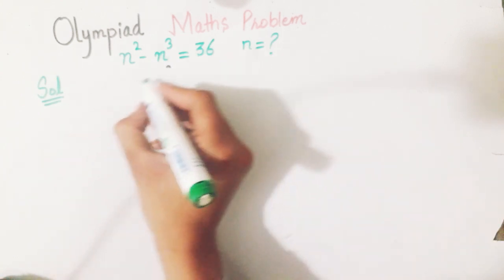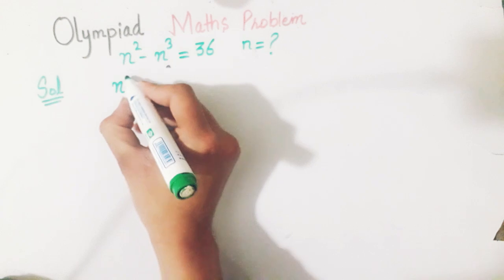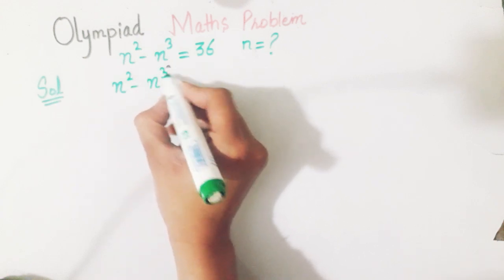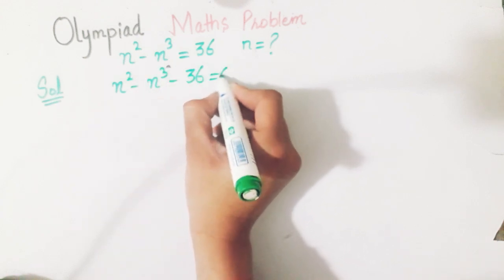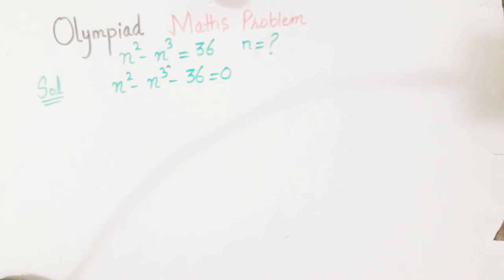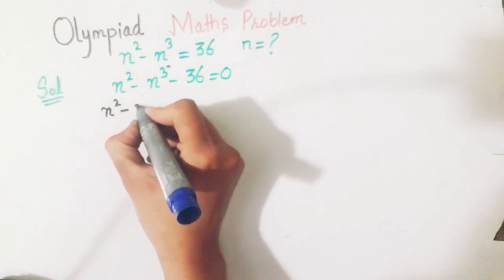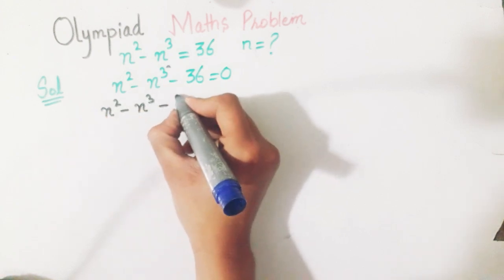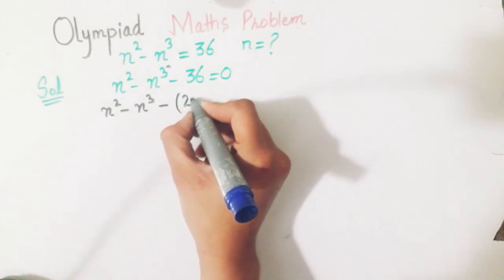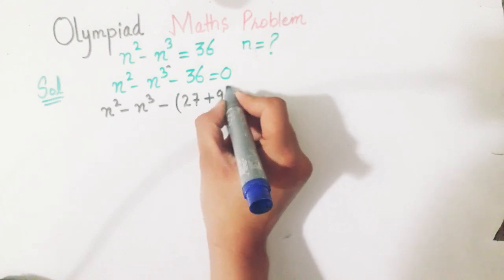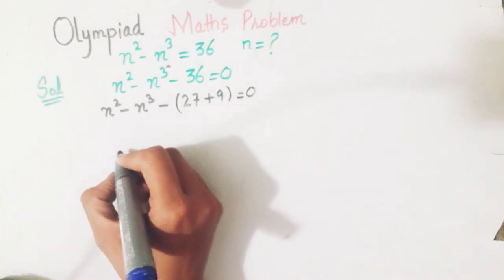First of all, we will write this as n square minus n cube minus 36 equals 0. Now we will write this as n square minus n cube minus 27 plus 9 equals 0.